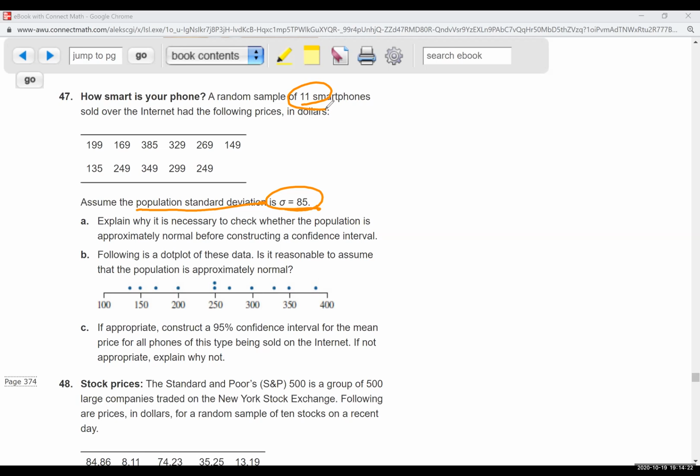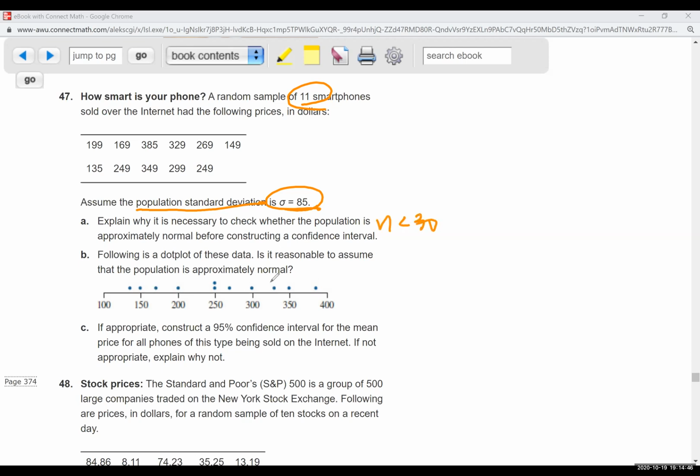So remember, if it's less than 30, we need to check the given. Here, it's not stated in the problem that it is approximately normal, but we can check this using a dot plot.